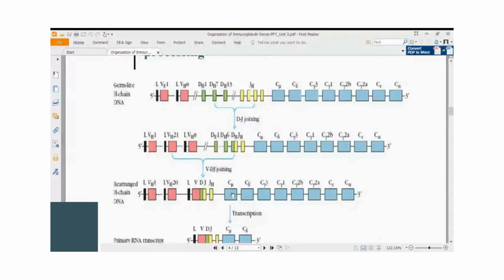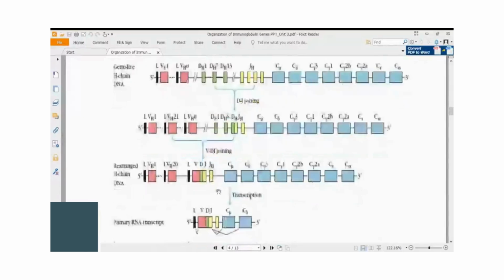Because always the first receptor that is going to be put up on the B lymphocyte will be the IgM receptor, membrane bound monomer IgM receptor. The second immediate receptor will be the IgD receptor. So how it happens, let us see. Now these two genes, constant region genes of the mu and delta, have to show recombination with the VDJ.